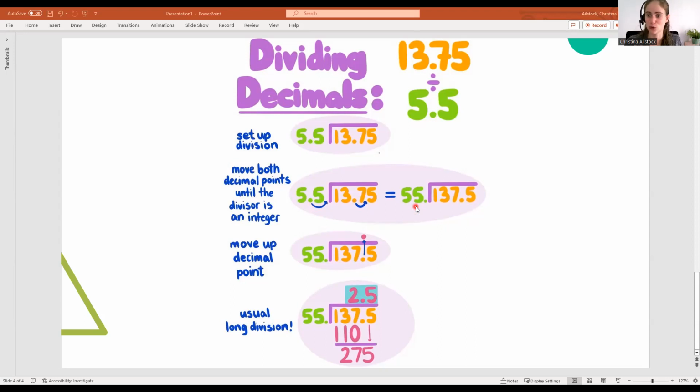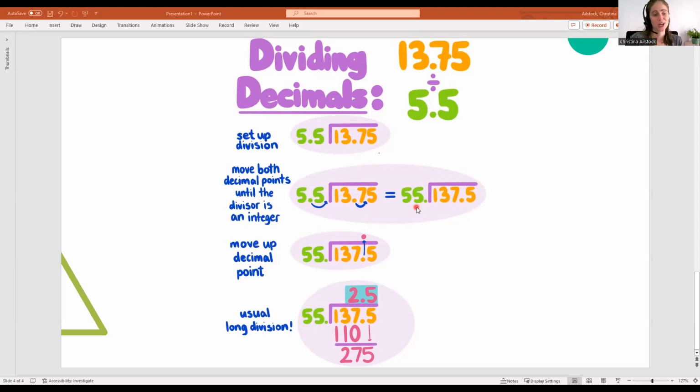Well, we can't just change one number without changing the other. That'd be creating a brand new problem. So we need to also move the decimal point of our dividend, the number that is being divided. So if this is moved once, it would also be moved once here, creating the problem of 137 and 5/10 divided by 55.